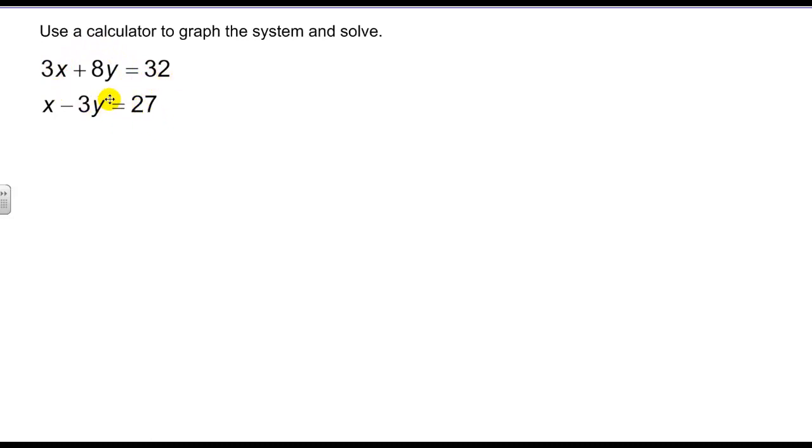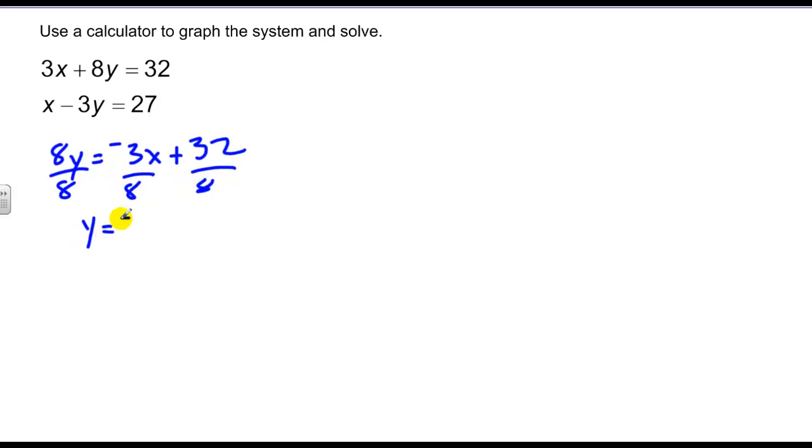In this first problem up top, I'll need to subtract 3x from both sides. So we start by having 8y equals negative 3x plus 32. Divide by 8 on both sides. And I get y equals negative 3/8x plus 4.